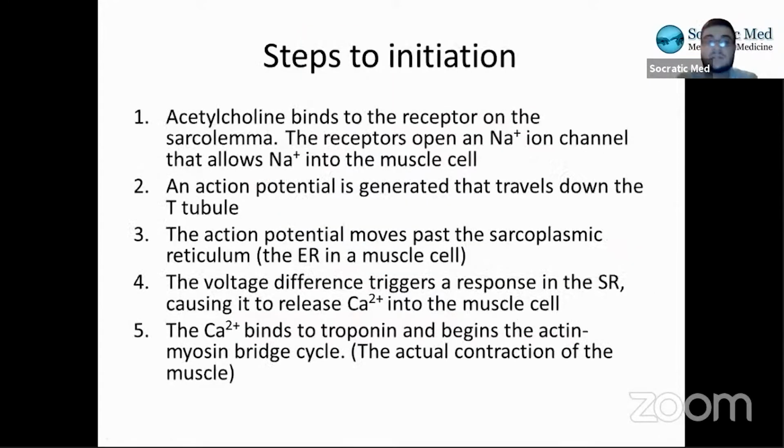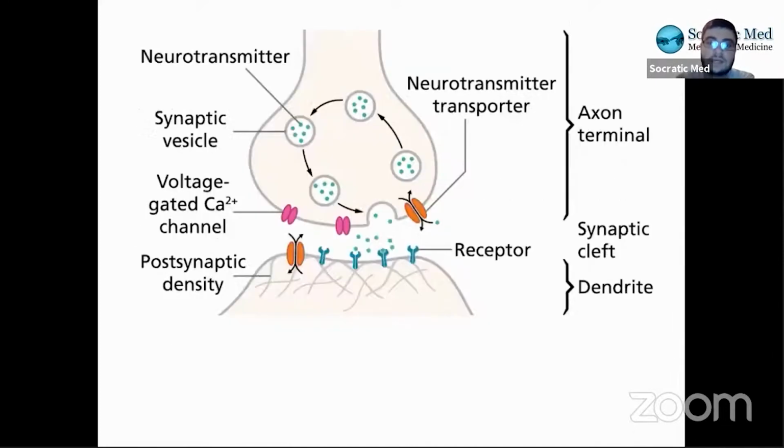Somebody asked, the action potential uses sodium, but the contraction uses Ca2+. We'll cover this in a second, but different action potentials can use different things. Some use calcium, some use sodium. In the case of the action potential in the axon, usually it's sodium. In the case of here, to release the secretory vesicle that has the acetylcholine, this reacts to calcium, right?